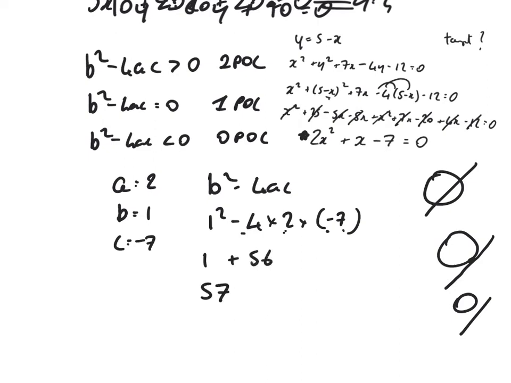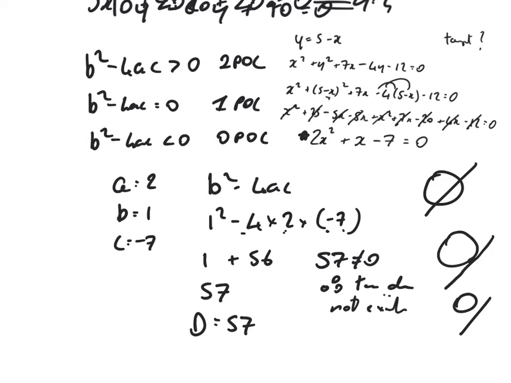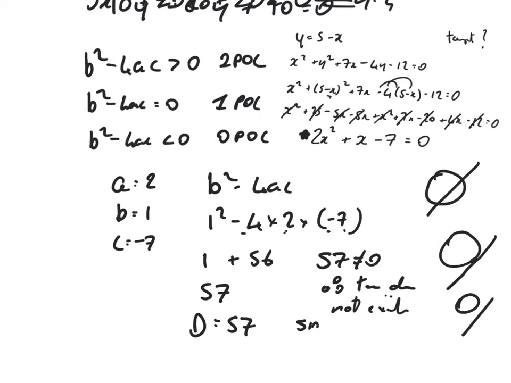And that's 57. So d equals 57. 57 does not equal 0, therefore tangency does not exist. And I could go further there and say, since 57 is greater than 0, there are 2 points of contact.